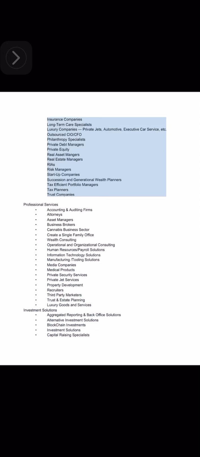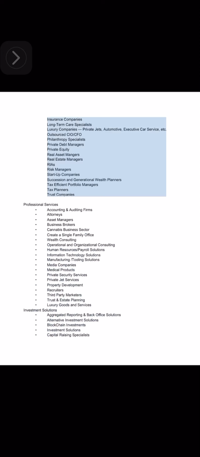Professional services: accounting and auditing firms, attorneys, asset managers, business brokers, cannabis business sector, create a single family office, wealth consulting, operational and organizational consulting, human resources payroll solutions, information technology solutions, manufacturing tooling solutions, media companies, medical products, private security services, private jet services, property development, recruiters, third-party marketers, trust and estate planning, luxury goods and services.